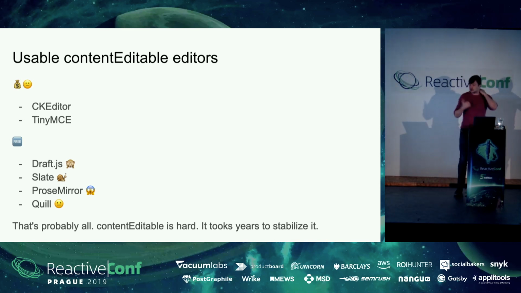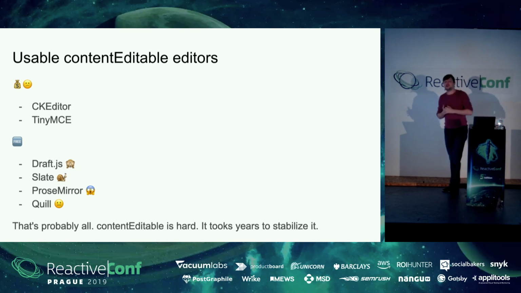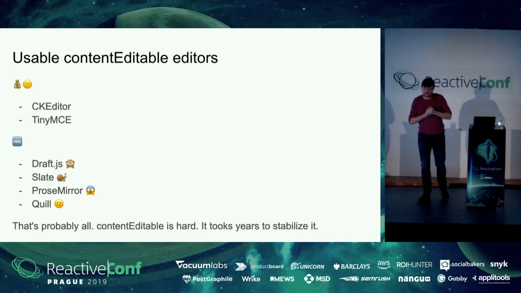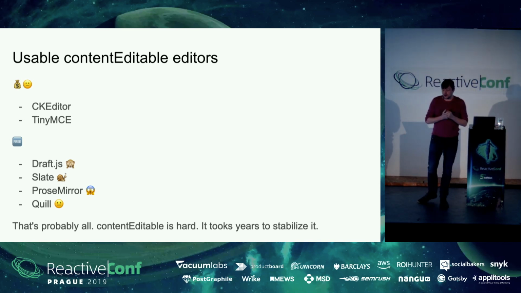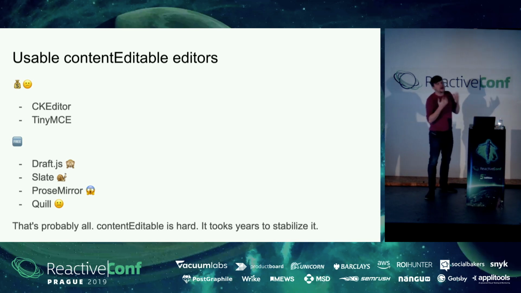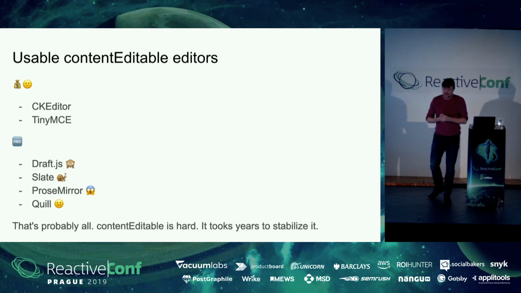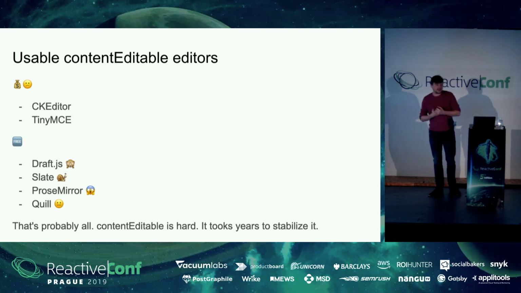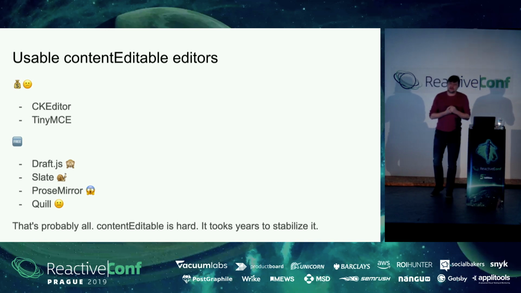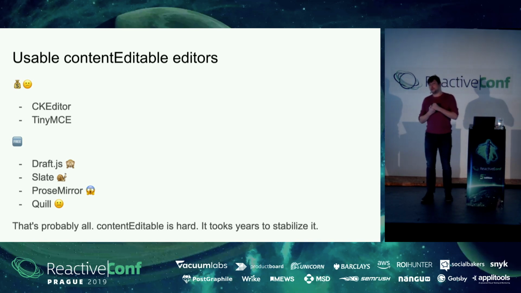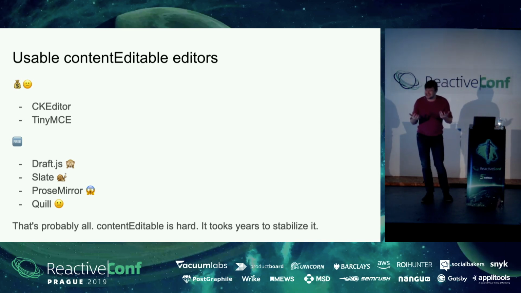What about Draft.js? When Facebook announced that they were developing their own editor, we were all happy because, oh, Facebook, React, really the best developers. The problem with Draft is its development. It's mainly driven by Facebook's needs.